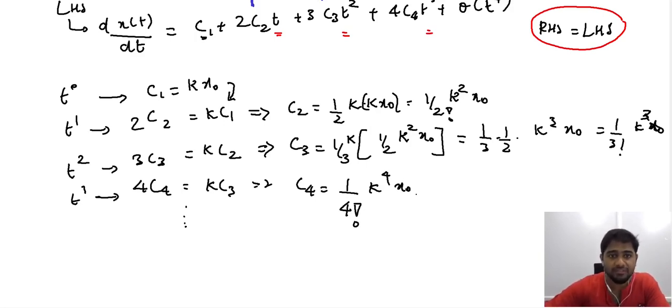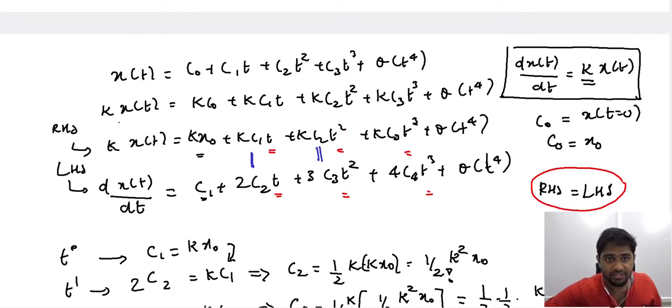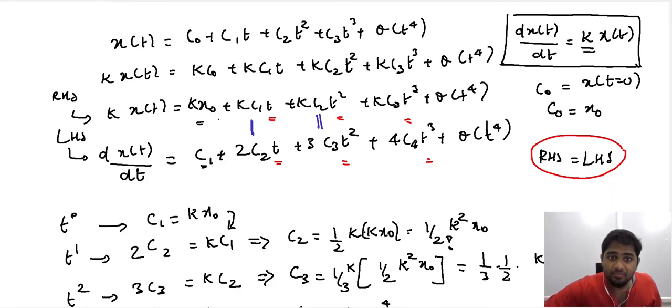What we have essentially identified are the different coefficients associated with the expansion of the function we originally considered. We considered an expansion of x of t, and we now have identified the unique values of the coefficients that describe x of t.